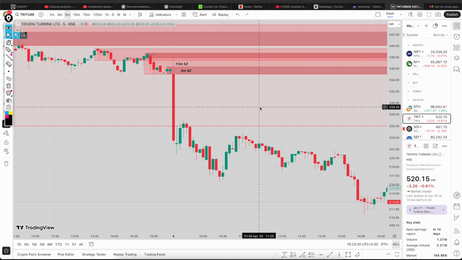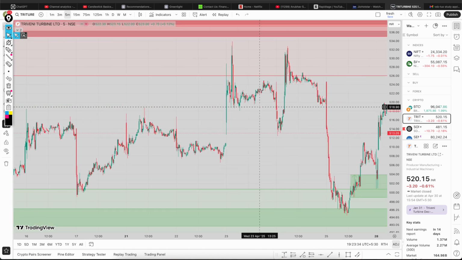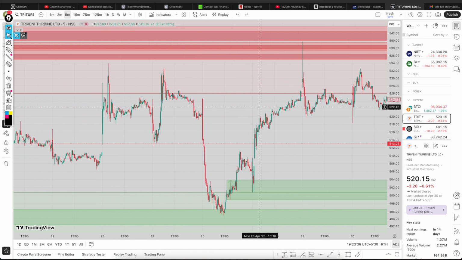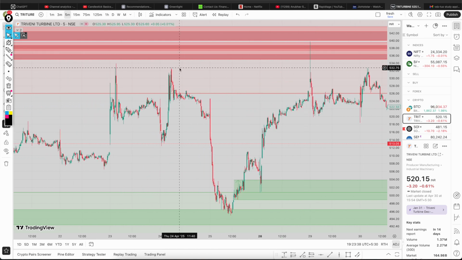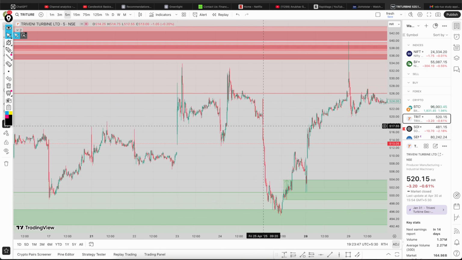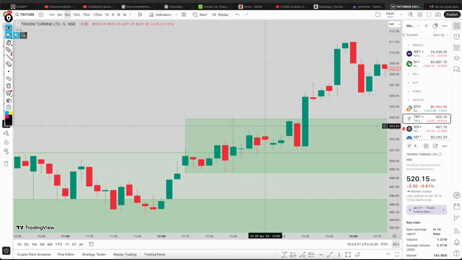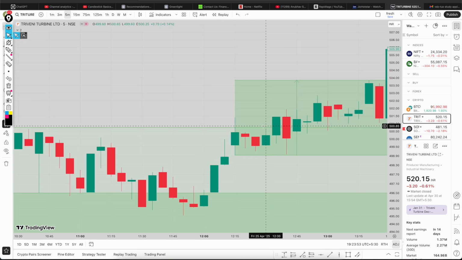So now we'll come back to this part. You see all the zones, every time they are respected, and we get good trades and very big moves from those zones. We'll come back here. We'll hide all the big candles first so that we get clarity.